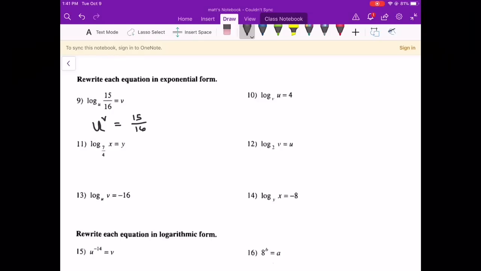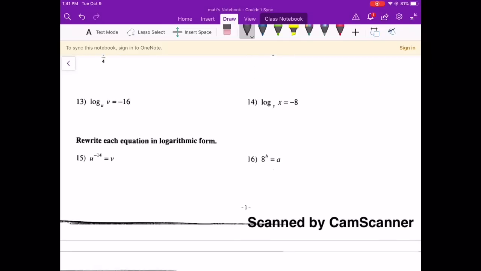All right, and then if I'm in log with a bunch of variables, I could still do that. The base is u, so log base u, and then v is what I was equal to, and my exponent got isolated. So that's how it just continues to work with my forwards and backwards, exponents into logs, logs into exponents. Make sure you're paying attention where the base goes, where the exponent goes.